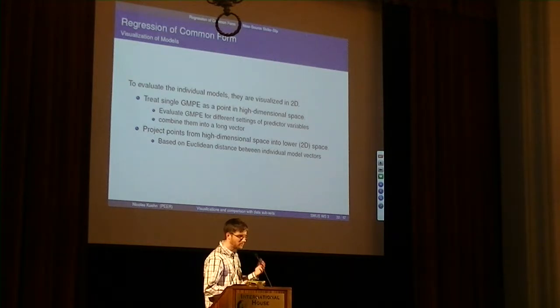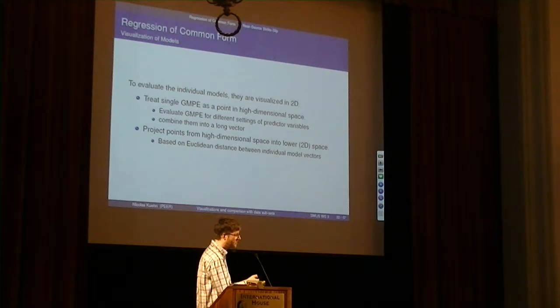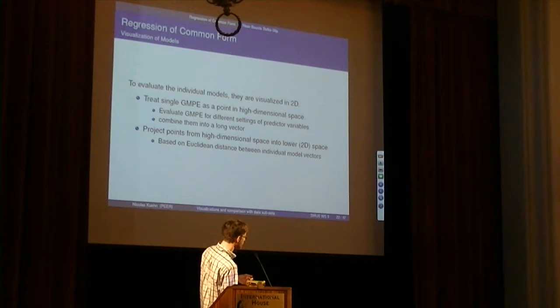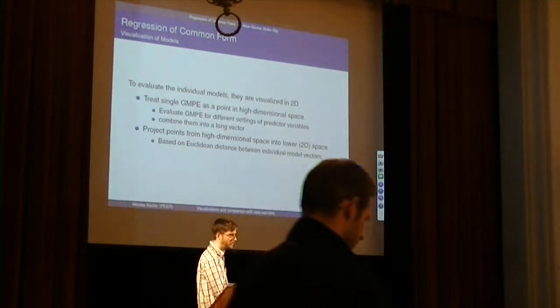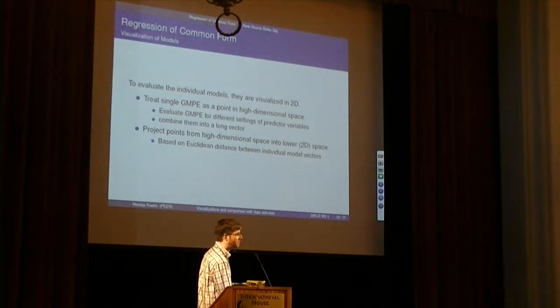All right, so now we're coming to the part where we need to evaluate those 1,000 models. We have 1,000 models, and the question is, what are we going to do with them? To do that, I'm going to visualize them in 2D. If you remember from the last workshop how that works, we're treating each GMPE, and this means each of these 1,000 models, as a point in a high-dimensional space. We evaluate each of these models at a grid of magnitude and distance values.